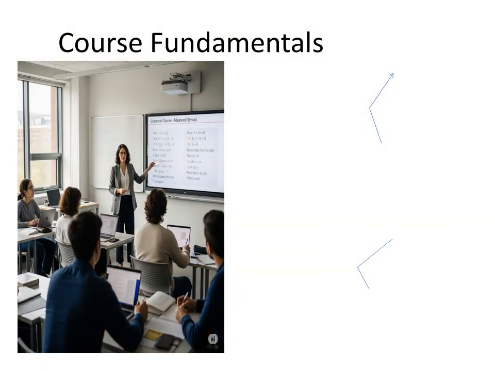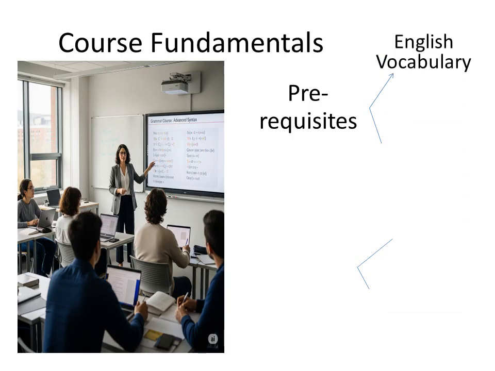Let's move now to the course fundamentals. This course has some prerequisites, which means that in order for students to be able to enroll in this course, they have to have, first of all, a foundational knowledge of English vocabulary and elementary reading and writing skills.